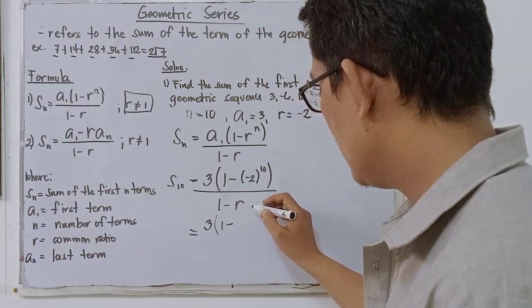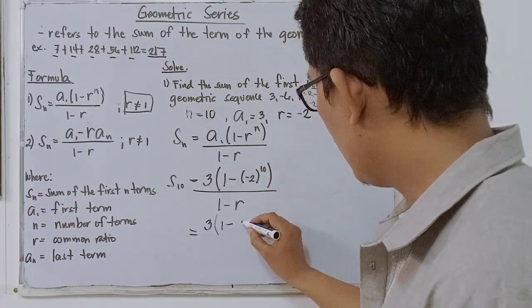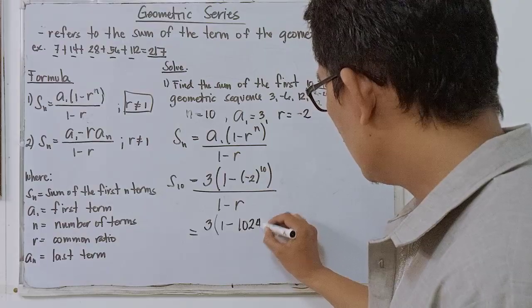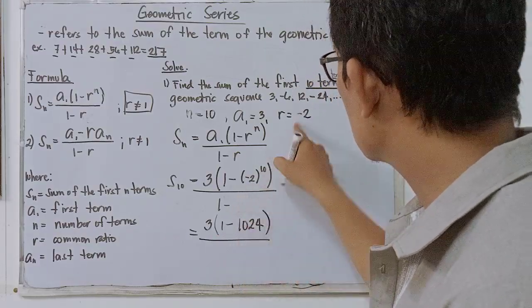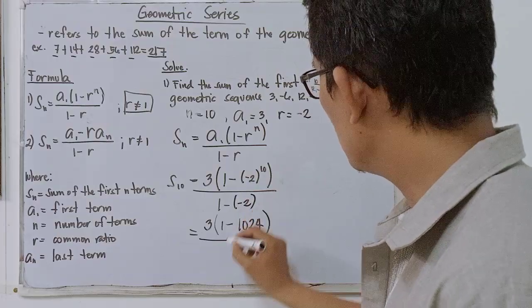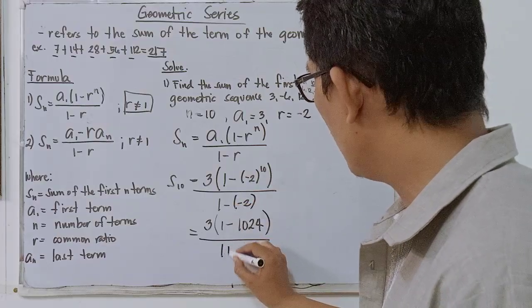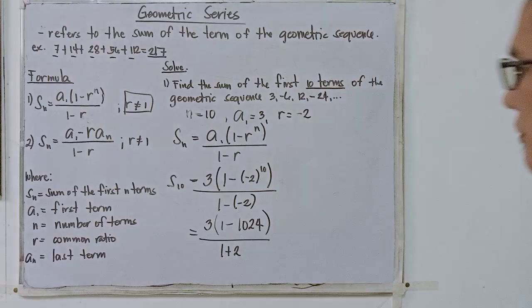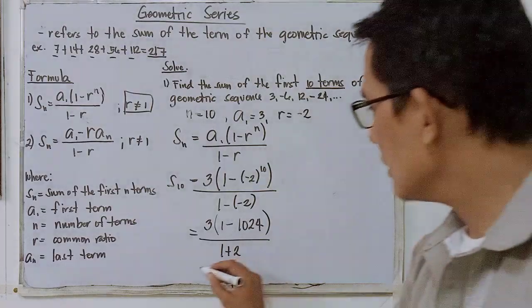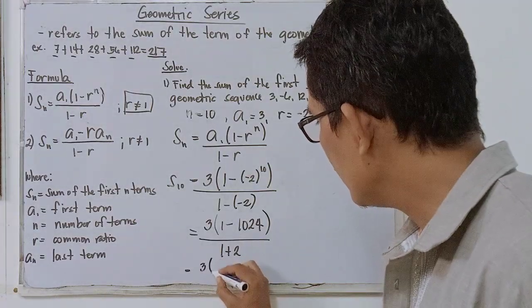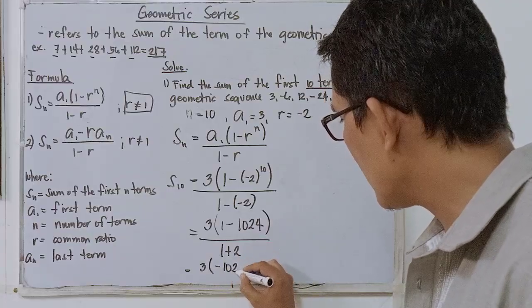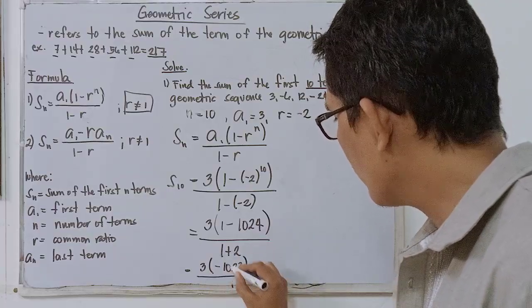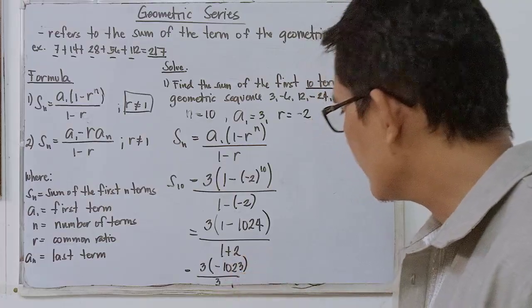This is equal to 1 minus 1024 all over our r, which is negative 2. 1 minus negative 2 will become 1 plus 2. Then let us simplify. So this is 3 times 1 minus 1024, which is negative 1023, all over 1 plus 2, which is 3.